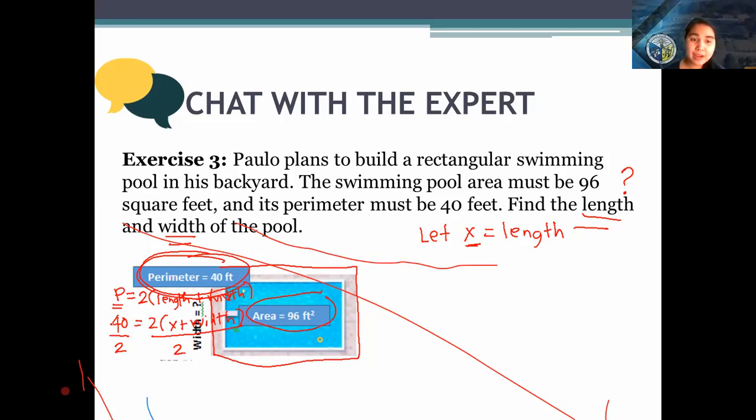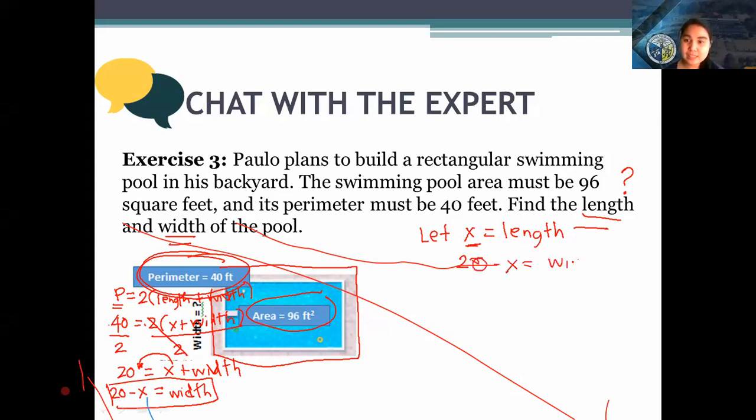So 40 divided by 2 is 20. 2 divided by 2, we cancel it out. So you have x plus the width. We transfer x to the other side. So our width is equal to 20 minus x. So what's the value of our width here? 20 minus x. That is the width.